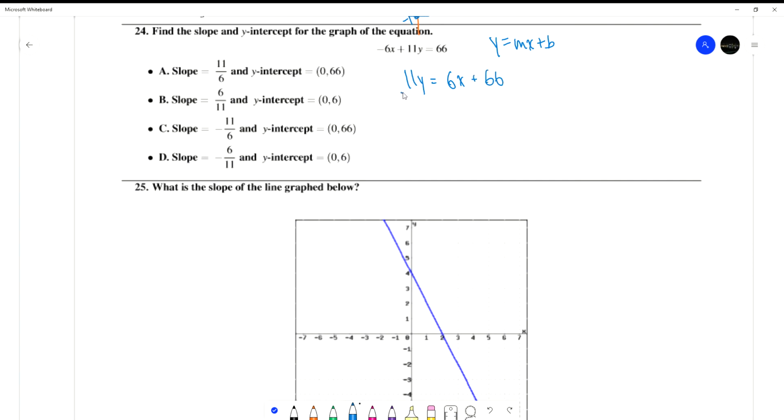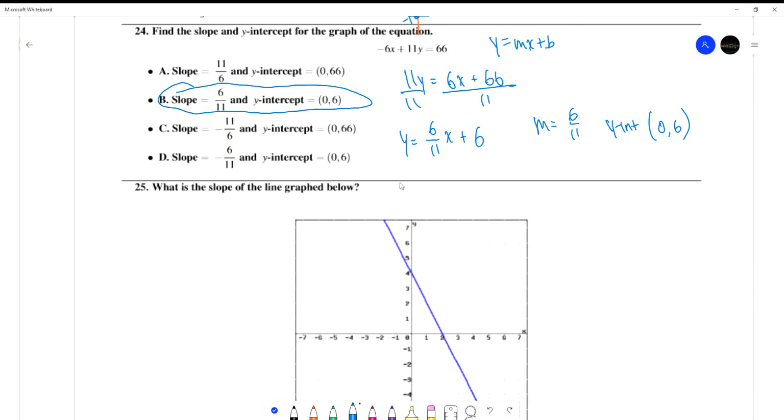Then we divide both sides by 11 and we get y is equal to 6 over 11 x plus 66 over 11, which is 6. So I can clearly see my slope is 6 over 11 and my y-intercept is (0, 6). And that is B. Any questions there?